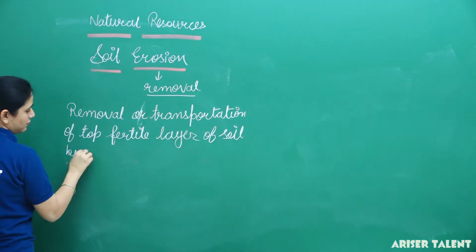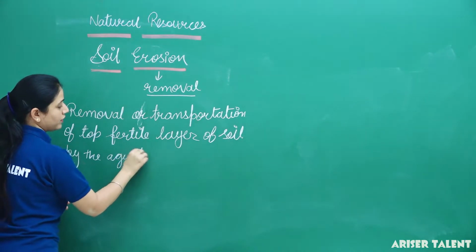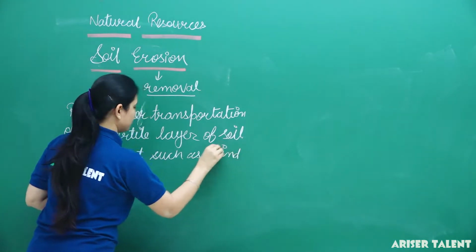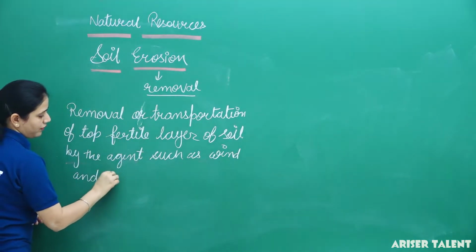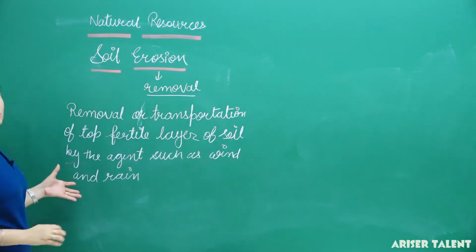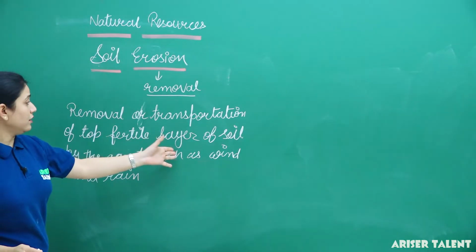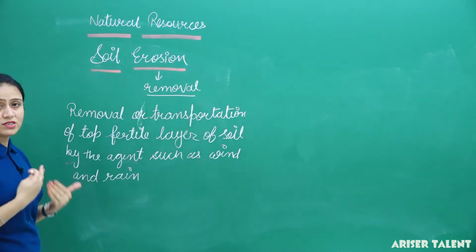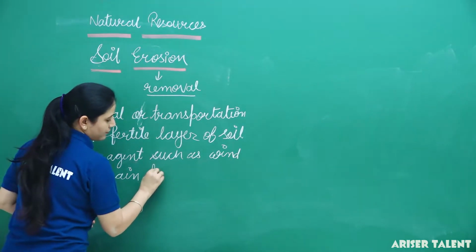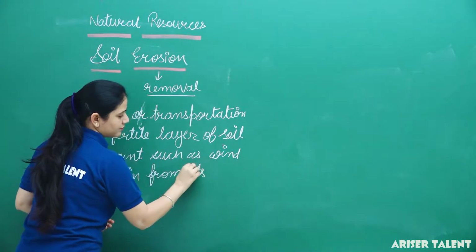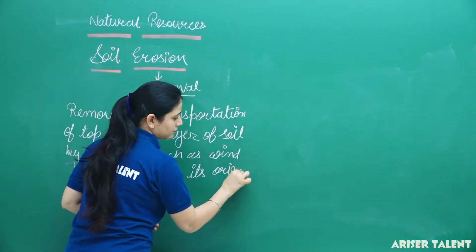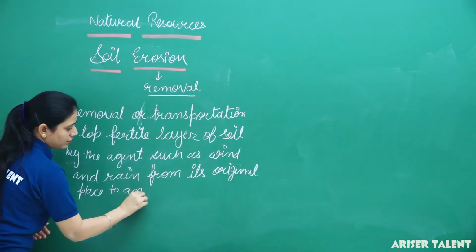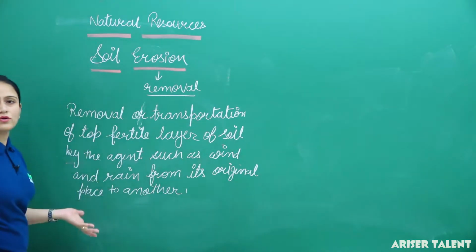So removal or transportation of the top fertile layer of soil by agents such as wind and rain from one place to another, or from its original place to another, is known as soil erosion.